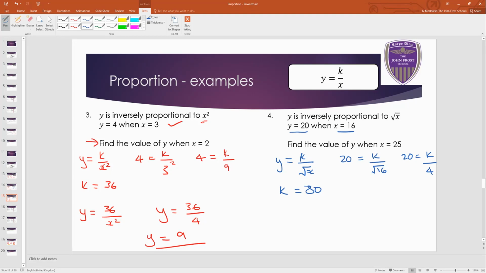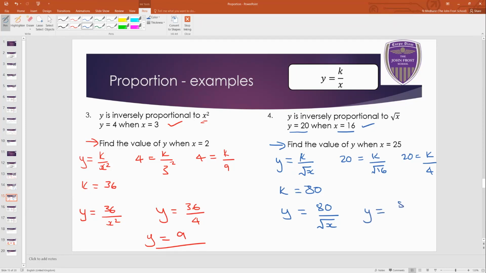Okay. Now we can insert that into our equation here. So for this question, y is always going to equal 80 over root x. Okay. Now let's look at this question. Find the value of y when x equals 25. So all we're doing is substituting x equals 25 into here.